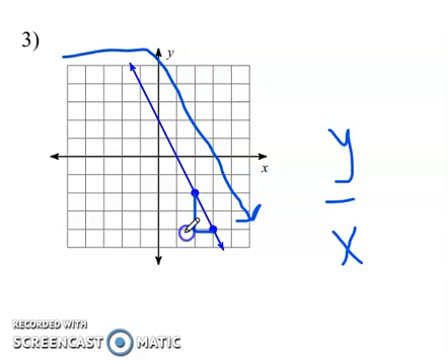And my rise, my up and down, that's 2. And my run is 1, and we already said it's negative because it's going down, so my slope is negative 2. So that means every time y goes down 2, x moves over 1.